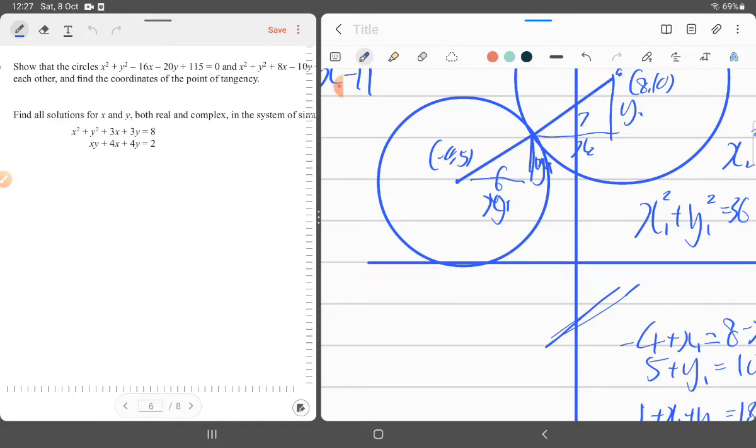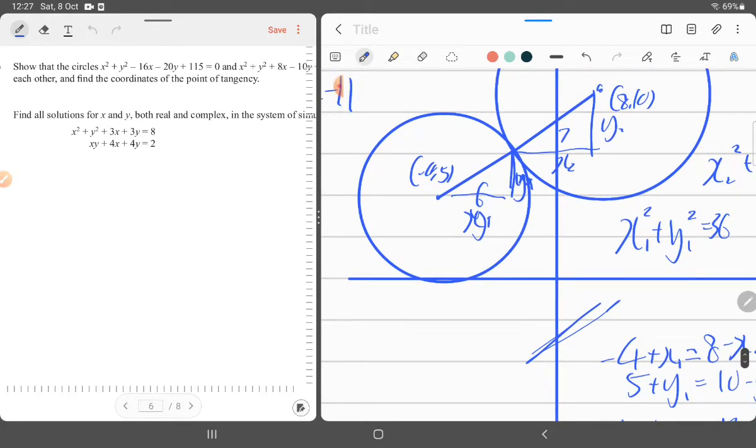Um, so that's 6, 4, 5, then 7. I don't know.